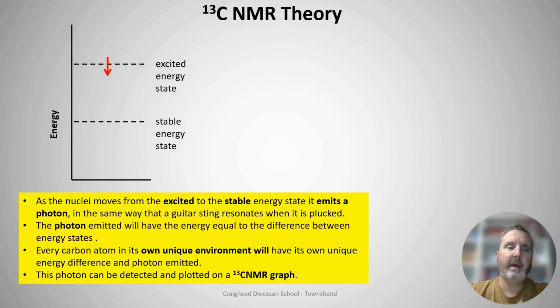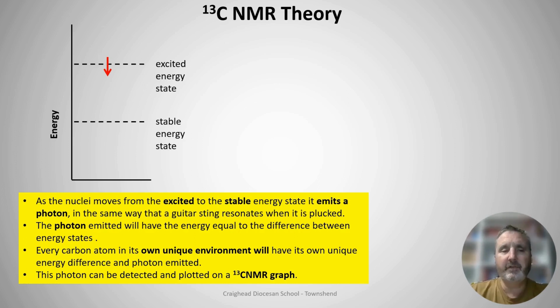So remember, we can have this carbon-13 nucleus that's spinning against the magnetic field, and it's caught in a high excited energy state, as we call it. What happens is it's going to, at some stage, fall out of that excited energy state and fall back down to the stable state. As it does this, there is a difference in energy between these two states, and the energy that it had at the top compared to the bottom is released as a burst of electromagnetic energy.